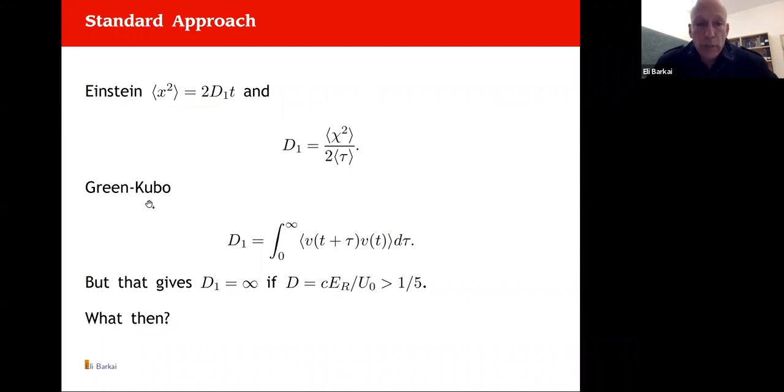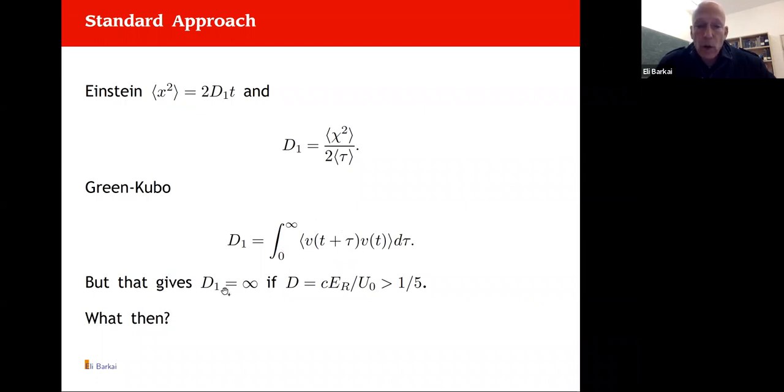Another approach to transport is given by Green-Kubo, and he says something very different. To calculate this transport coefficient, this D1, you need to calculate the velocity correlation function, if it is stationary, and then integrate over it.